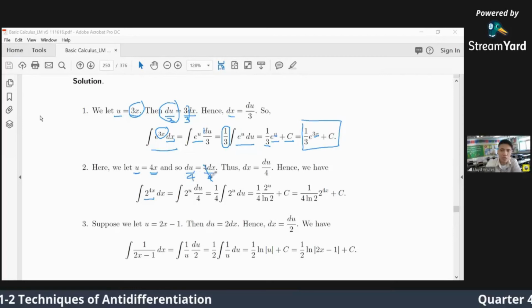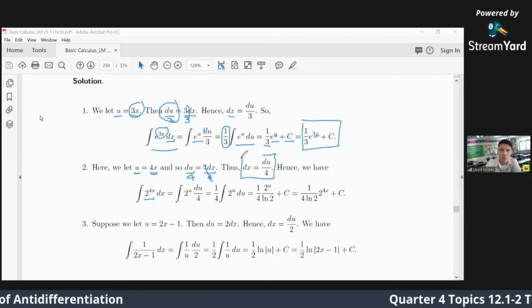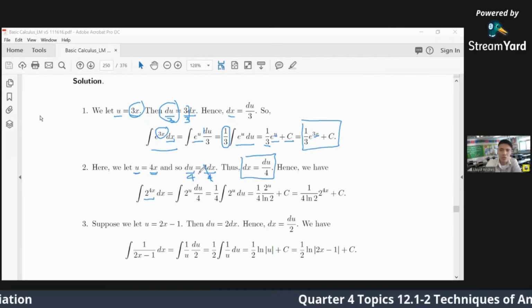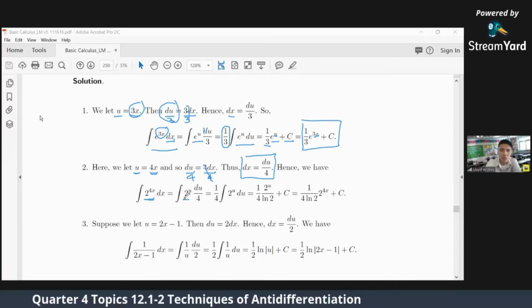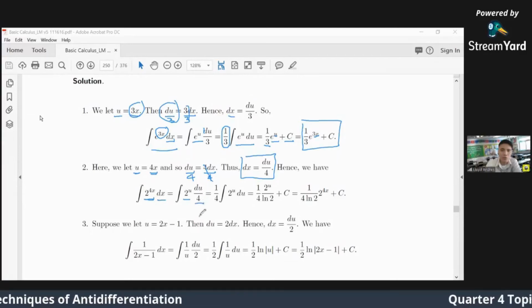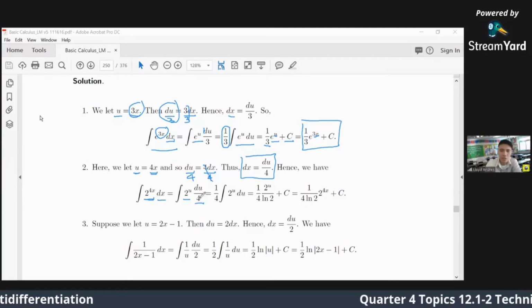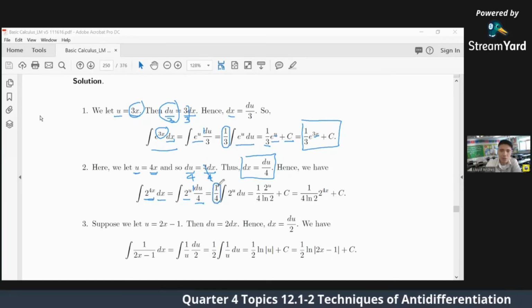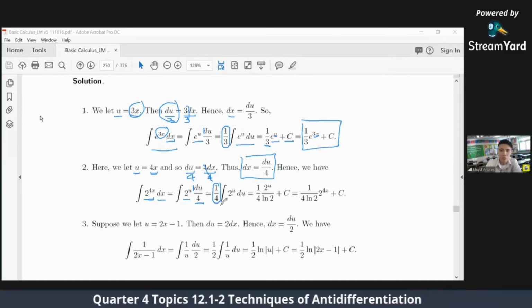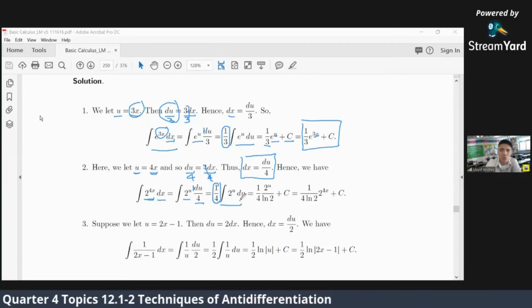So therefore, ang dx na to is equivalent to du over 4. And then by substitution, ang 2 raised to 4x becomes 2 raised to u. Tapos ang dx becomes du over 4. Then again, naa nay 1 diha, walang gisulat, kaya pwede ra nato i-factor out si 1/4. And mabilin sa sulod sa integrand as 2 raised to u du.